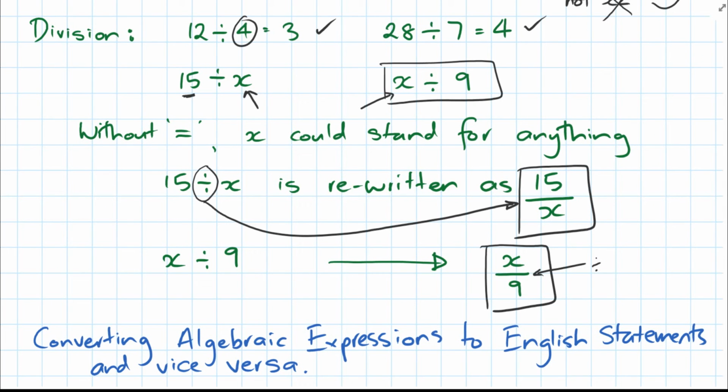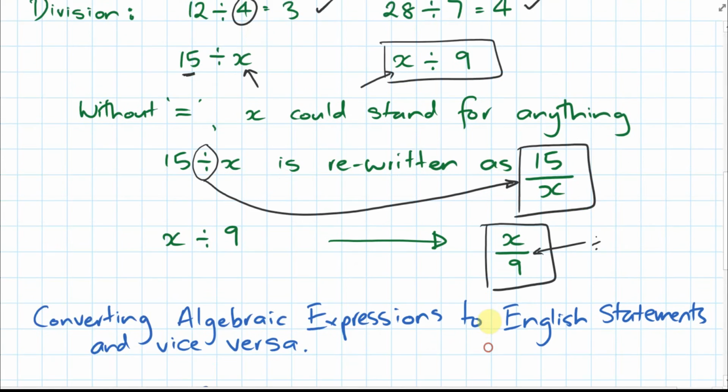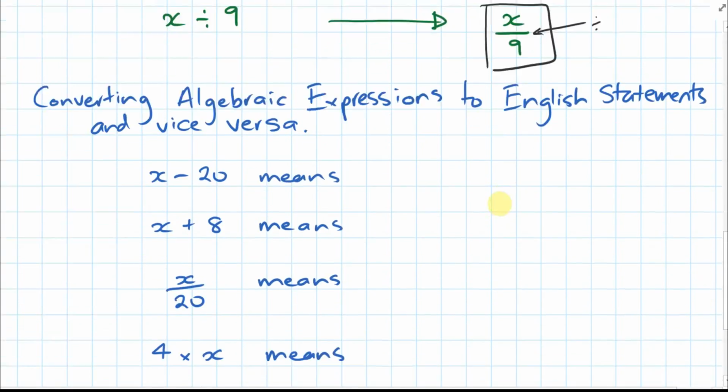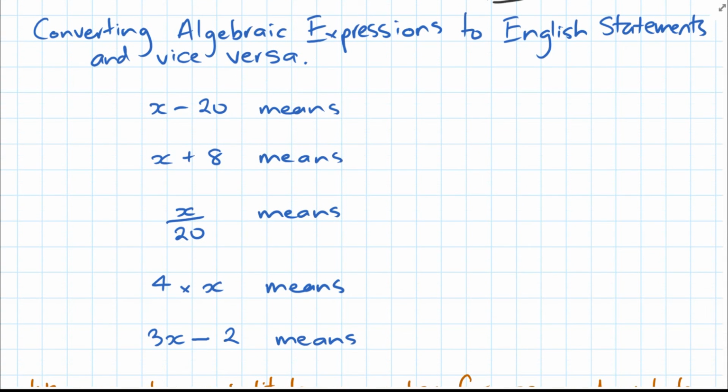Okay, now that we know a little bit about algebraic expressions, let's start using some English statements. So we're going to convert algebraic expressions to English statements. So here we have an algebraic expression here, x minus 20.